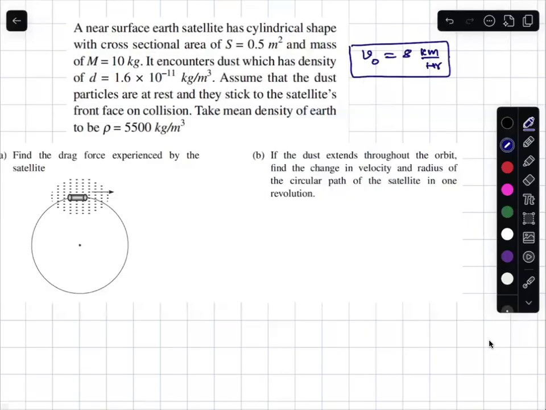A near surface Earth satellite has a cylindrical shape with cross-sectional area of S, mass capital M. Here, capital M is the mass of the satellite. It encounters dust. Dust density is also given. Dust particles strike and come to rest. The mean density of the Earth is also given. First, what is the drag force experienced?